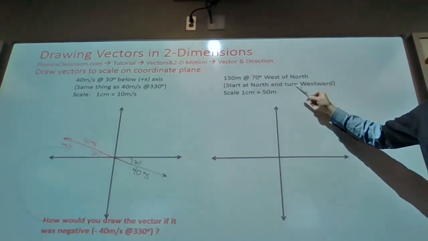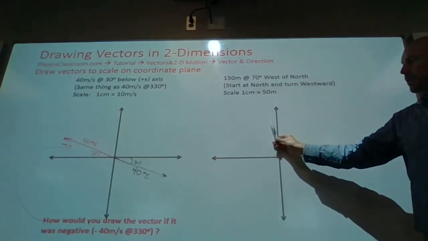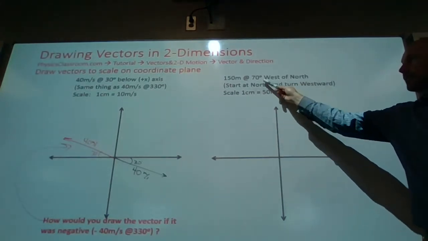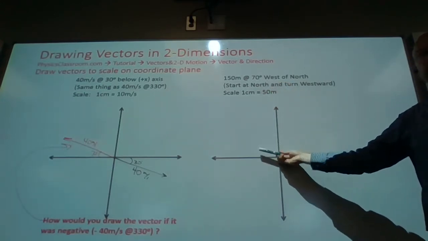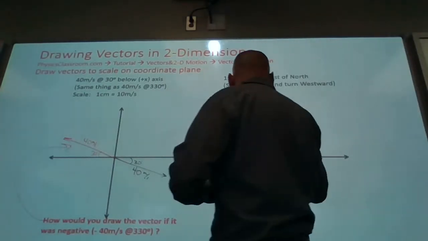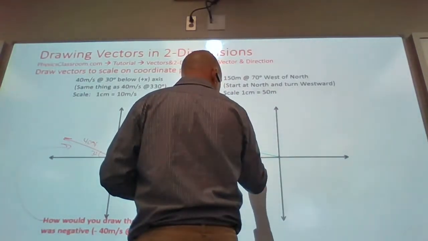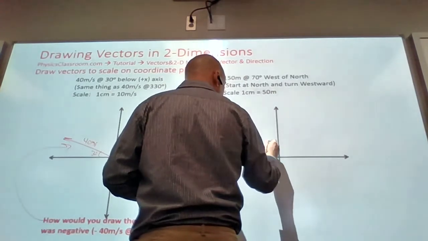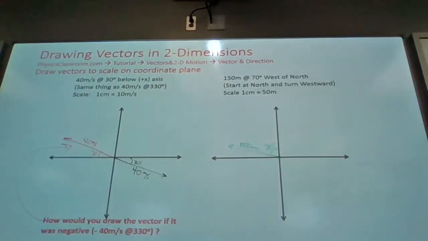Start north, and then go west, rotate west. How far? 70 degrees. 150 meters, 70 degrees. Good with that?